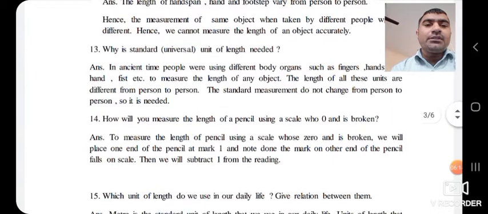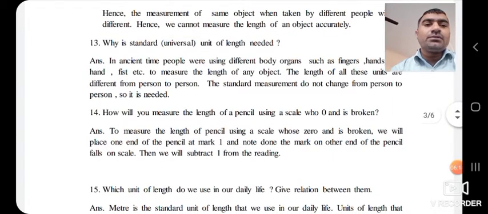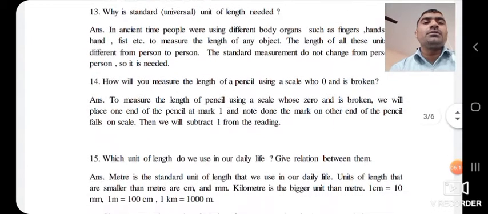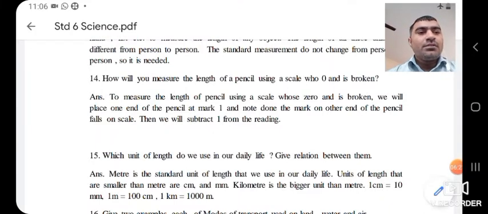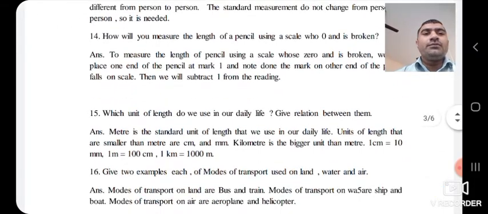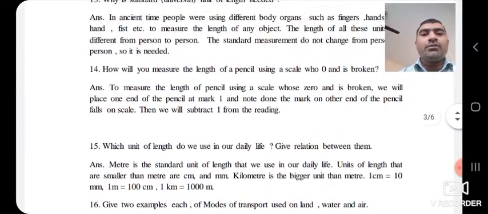How will you measure the length of a pencil using a scale whose zero end is broken? If zero is broken, then how will you measure?